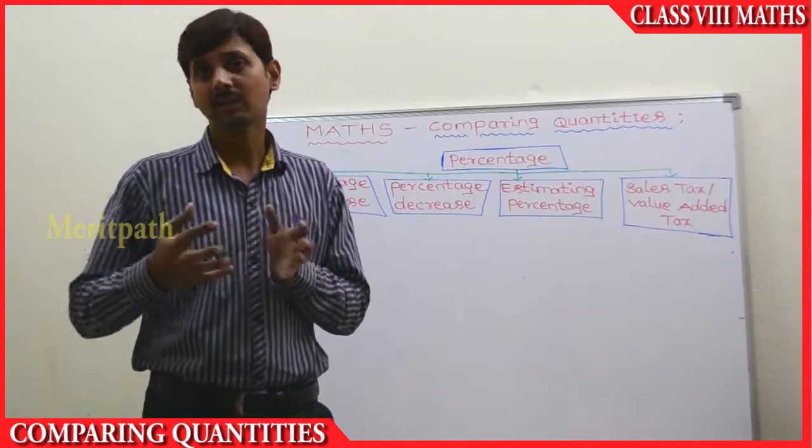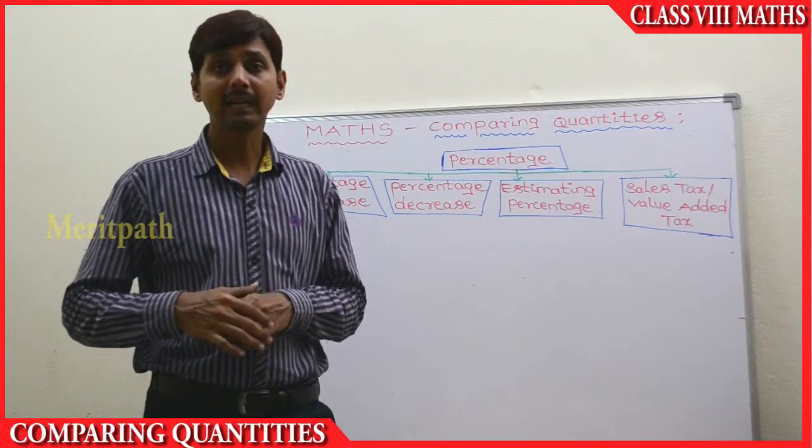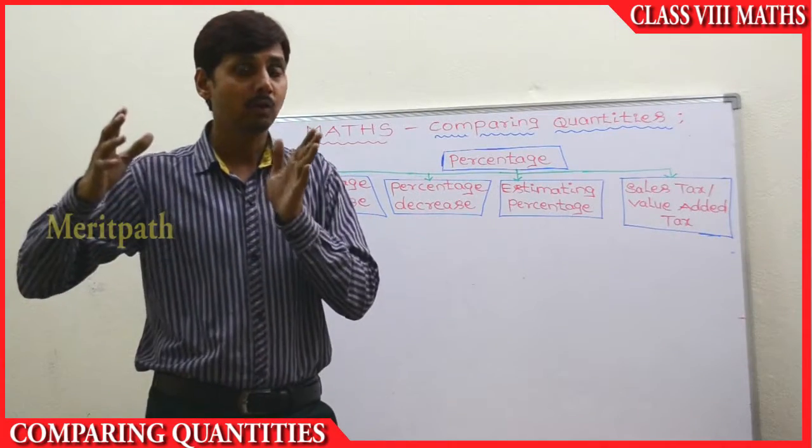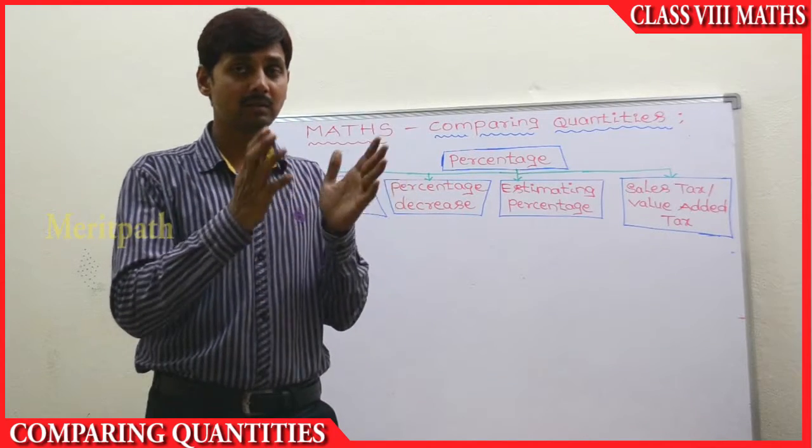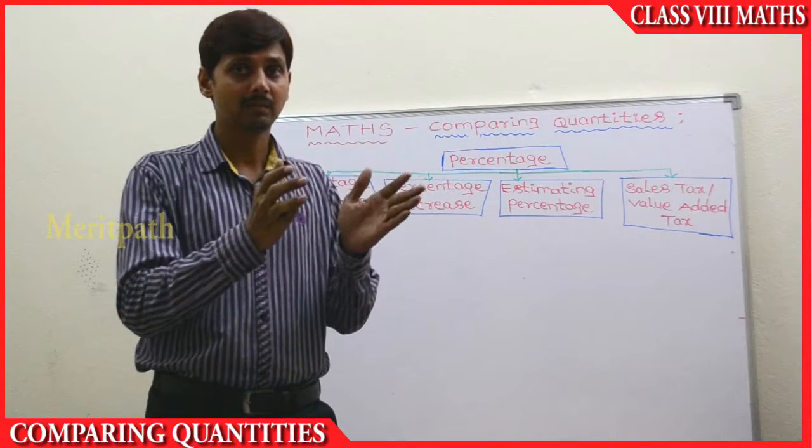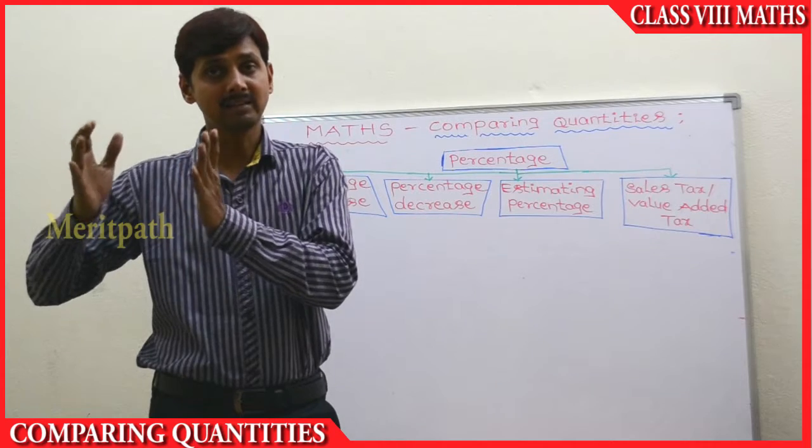So nowadays we are paying for each and every thing including the value added tax: the thing's price, the MRP, along with the value added tax, a particular percentage.